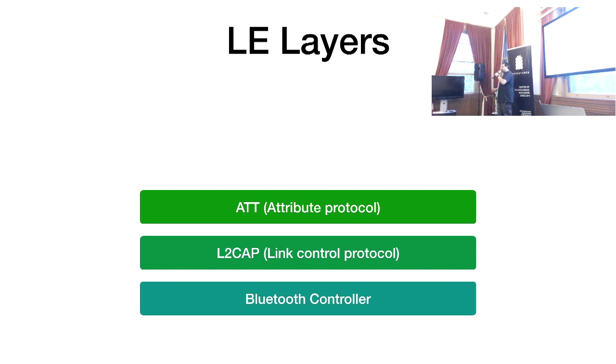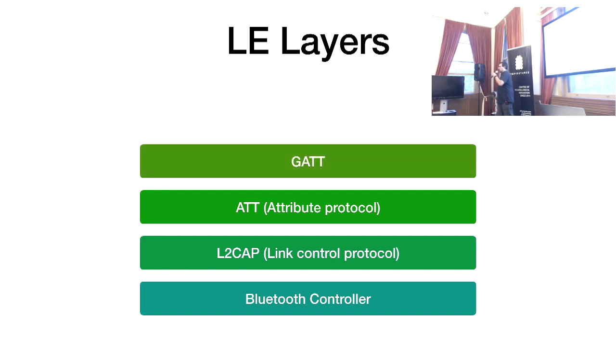On top of that, we've got the attribute layer, the attribute protocol, which basically defines operations such as write services, write a characteristic or write pieces of data, or read or subscribe. And on top of that, we've got GATT, the generic attribute protocol, which defines a set of formal ways of communicating with devices through services and characteristics.